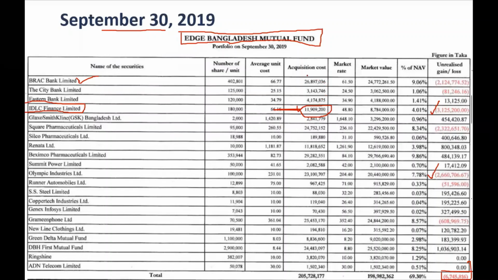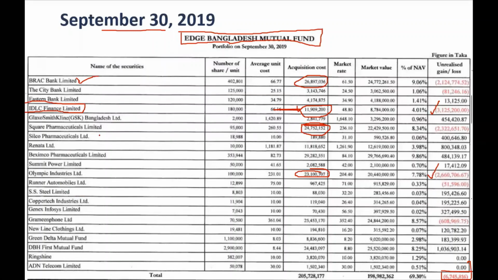And this is the investment in Bracks Bank Limited, a significant amount out of their portfolio. And this is also a good amount of investment, Olympic and Square Pharmaceuticals. So if you look at the portfolios of Bangladeshi individuals and Bangladeshi institutions, it is very likely that you will see these 4 instruments common.